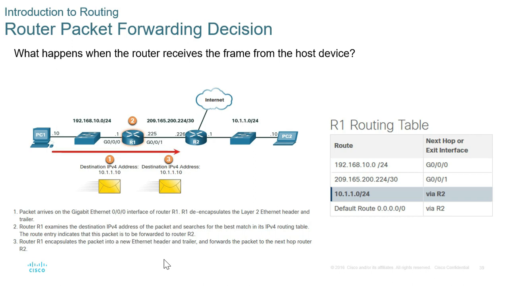Okay, so remember it must have a IP address inside this LAN in order for it to forward to another remote LAN. So when the router receives the packet, it will de-encapsulate the layer 2 Ethernet header and trailer. So now dia akan nampak the layer 2 punya header, layer 3 punya header. Dekat layer 3 punya header, dia akan baca the destination IPv4 address untuk dia buat routing decision kat mana saya patut hantar this packet.